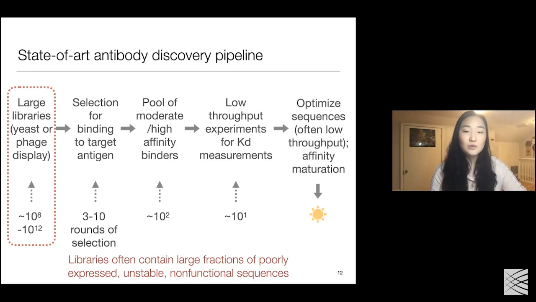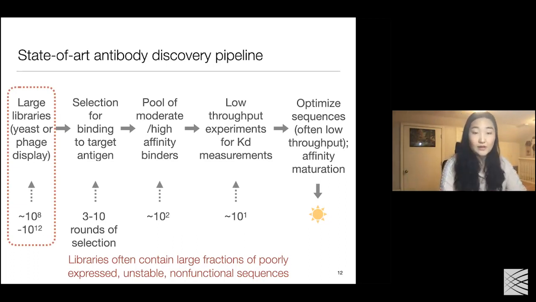You can imagine why that might be a problem: not just having a lot of useless sequences in the starting library, but also because you're passing this down through all of the experimental steps. And so you might end up with sequences that have high affinity, but other poor biochemical characteristics.